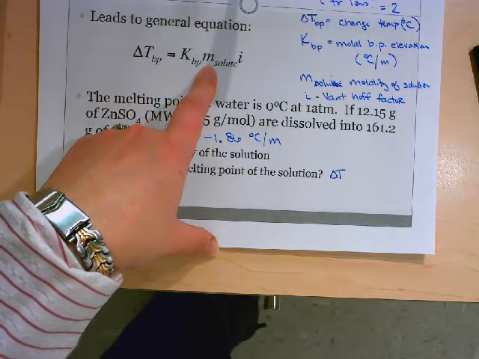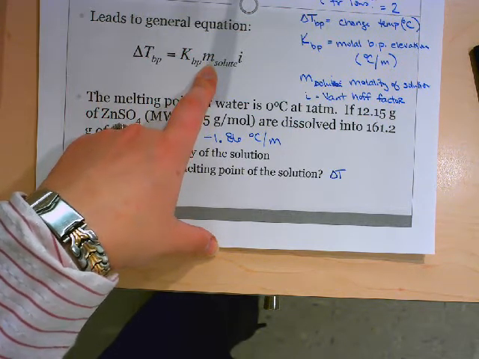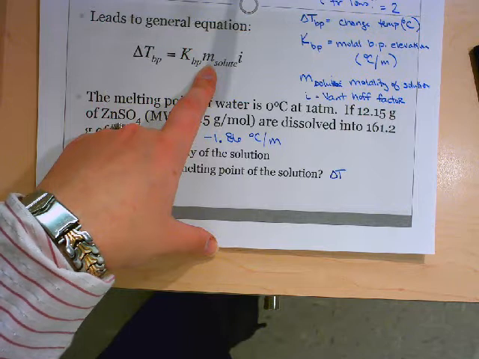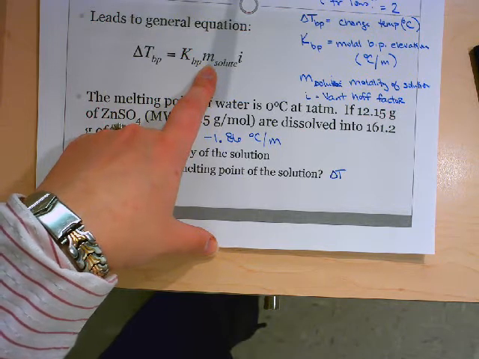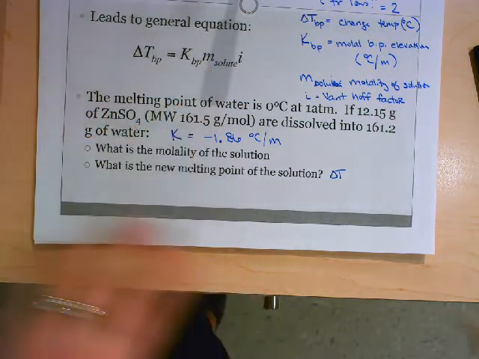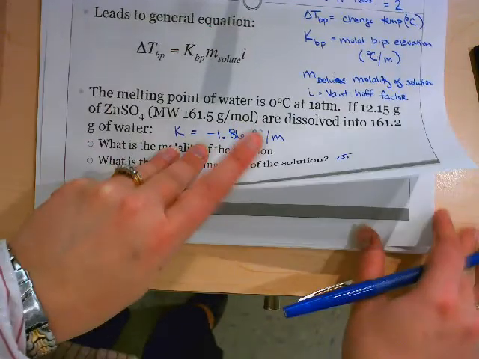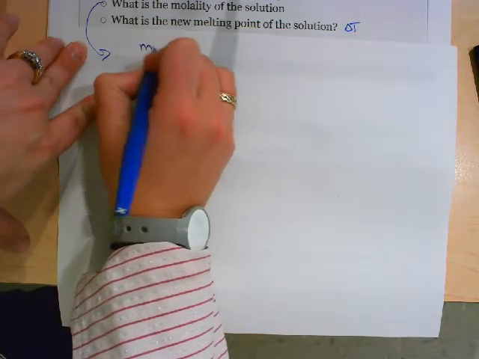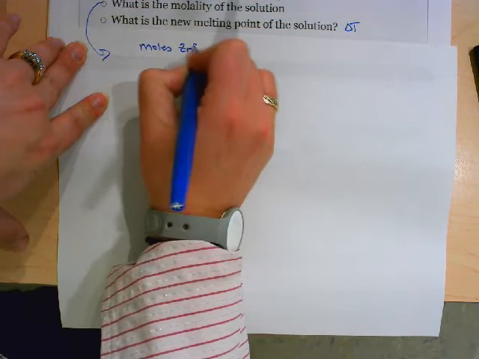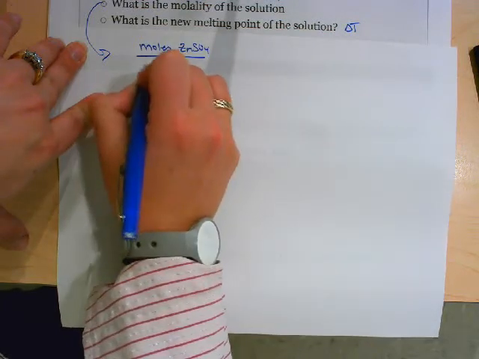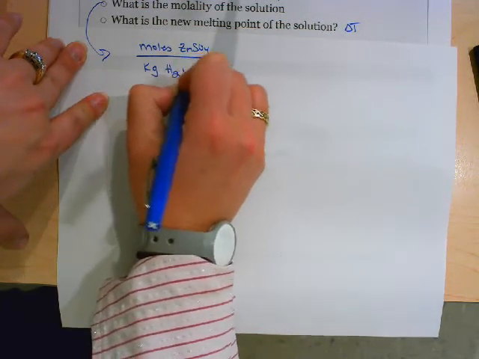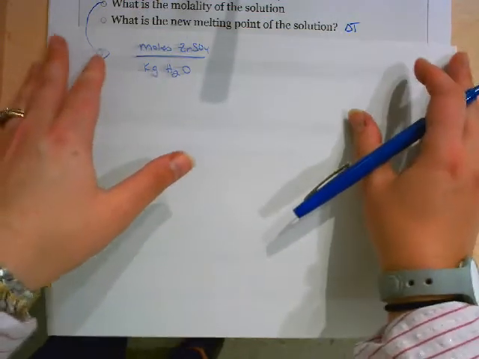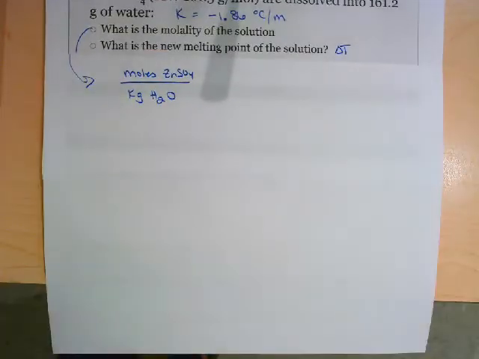So, what are the units of molality? Moles of solute over kilograms of solvent. So we need to find how many moles of the zinc sulfate we have.